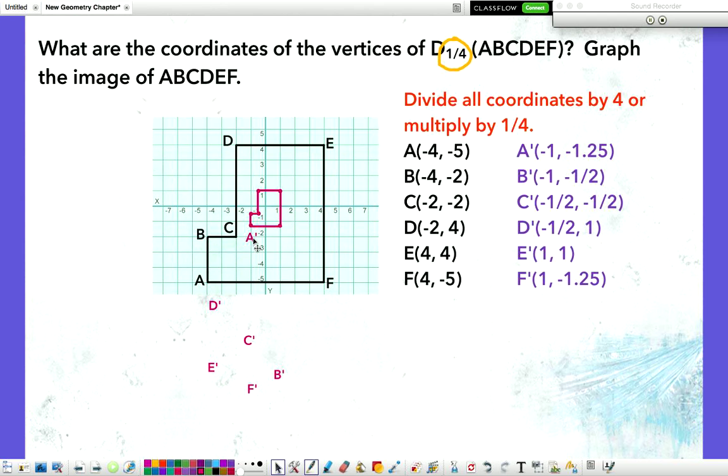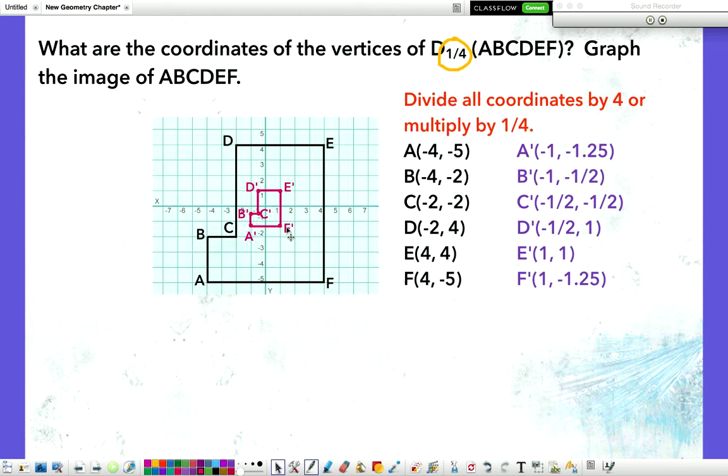Okay, so that figure is dilated by a fourth.